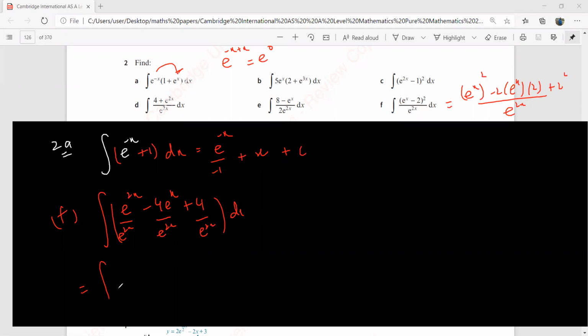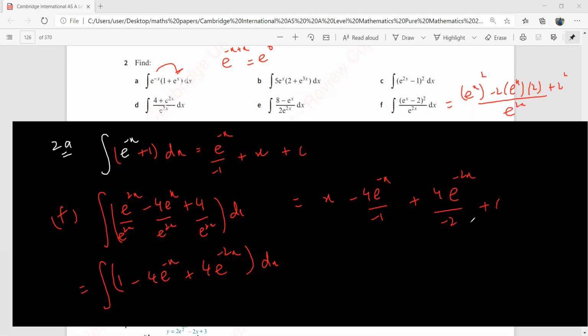This is now 1 minus 4 e raised to power minus x plus 4 e raised to power minus 2x. And then you can write its integral. So this is x minus 4 e raised to minus x over minus 1 plus 4 e raised to power minus 2x over minus 2 plus c.